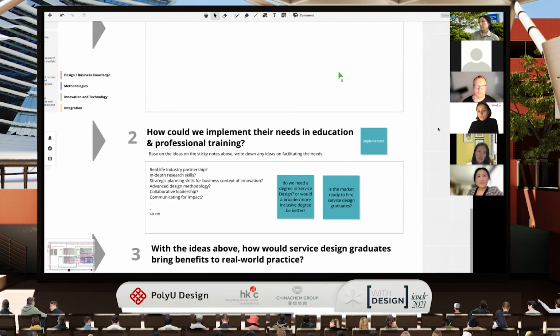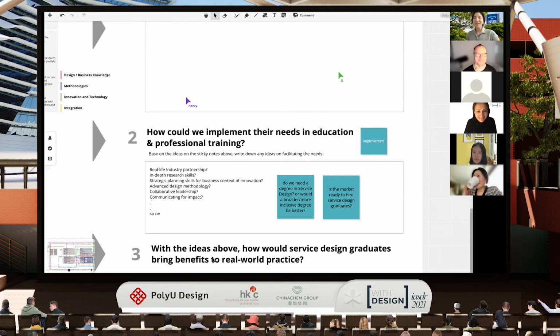So I wouldn't say that we need broader; maybe we need training pathways that provide a specific perspective on service design, just to qualify or differentiate. But I wouldn't see broader than service design. I mean, it's quite general and open. So I see that Stefan and JJ have raised their hands. Who wants to go first?